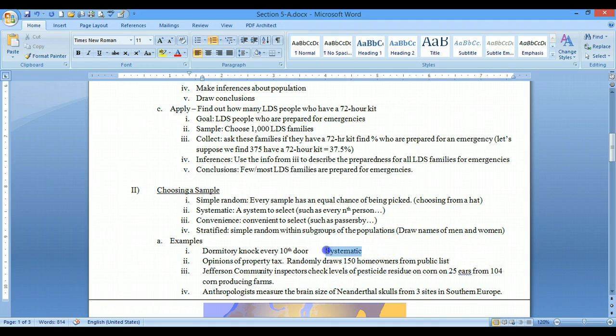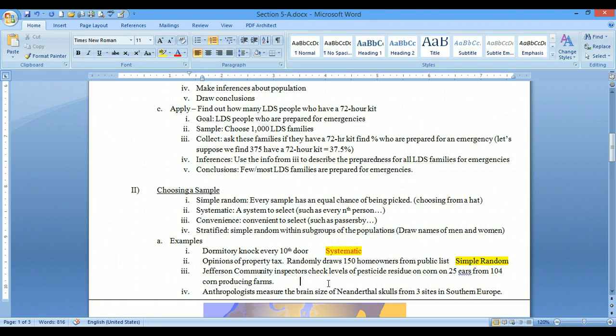Oh, and let's highlight that to be the answer, or highlight in some form. Number 2, we want to find the opinions of property tax. So we randomly draw 150 homeowners from a public list. Because it's random and everyone had the same chance of being drawn, this is a simple random. And highlight the answer so we can find it quickly.